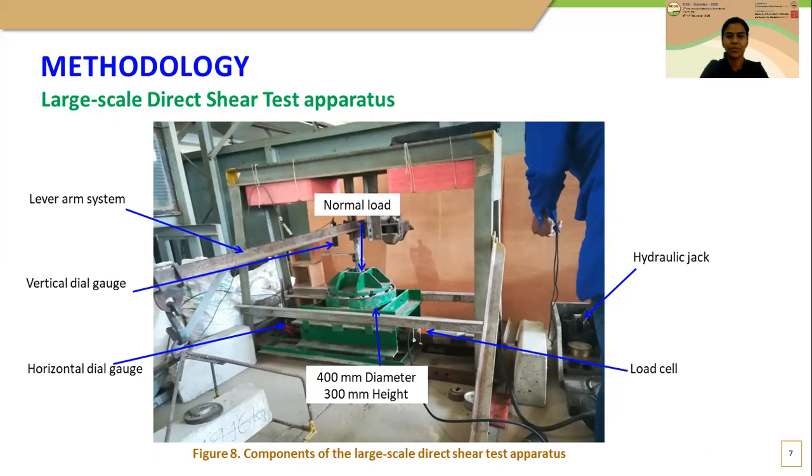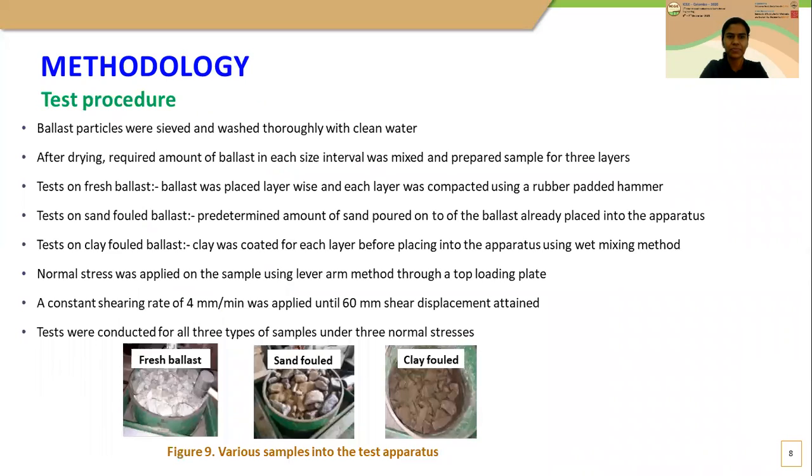It has a 400 mm diameter and 150 mm height, two equal cylindrical halves, and normal load is applied using a lever arm system. Vertical and horizontal dial gauges and a load cell are used to extract the results, and a hydraulic jack is used to give the shearing to the sample.